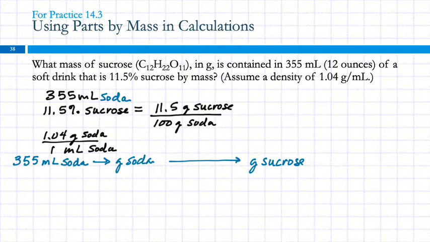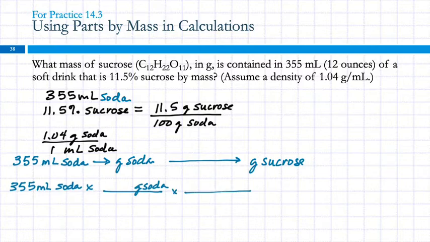Now we follow the same pattern we learned at the beginning of the semester. I've got two arrows, so I'm going to have two fractions, and I follow the path of units for the numerator, and then I put in the denominator units so they cancel out. So 355 milliliters of soda times a line. This is going to be grams of soda. So I'm just following my path.